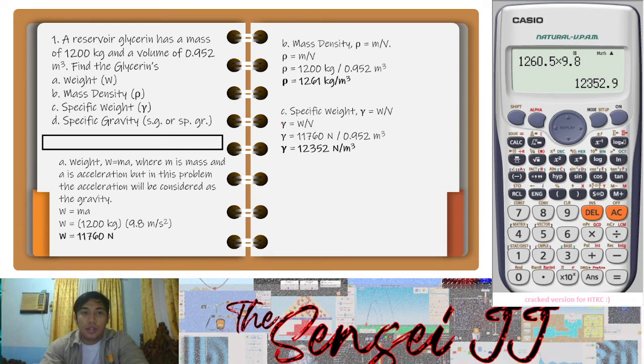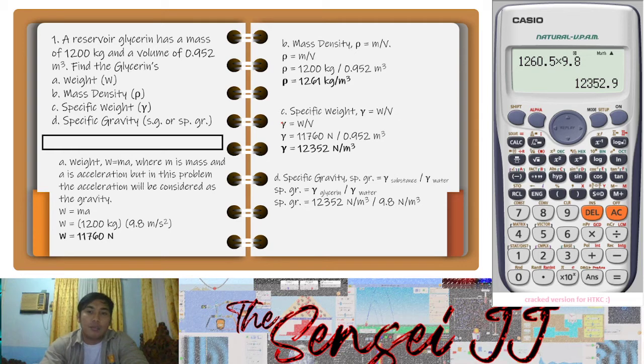Okay? So let's move on to our specific gravity. The specific weight of our glycerin over the specific weight of the water. The specific weight of the water is 9.8 newtons per cubic meter, since it relies on our gravity.